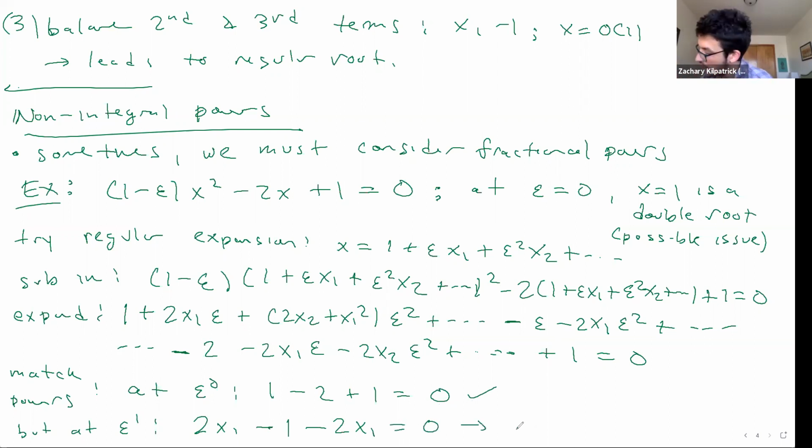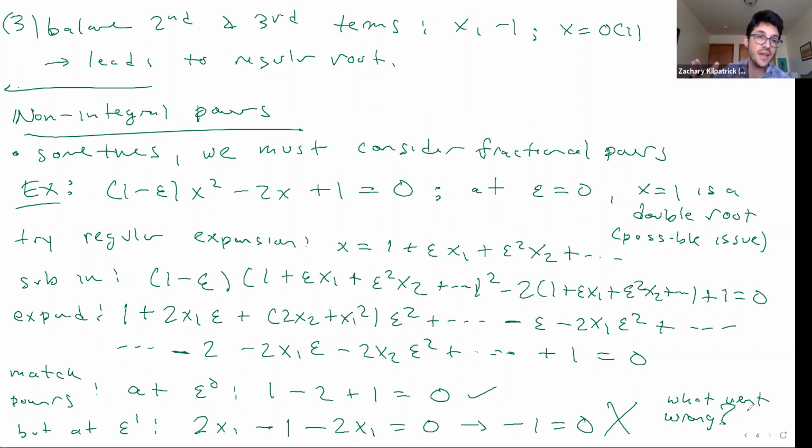And if I simplify, I get minus 1 equals 0. That doesn't work. So the question is, what went wrong? Well, the answer is I just took an expansion that doesn't work. I took an expansion that skips a term that I need in my asymptotic expansion. So let's see how I can find that.